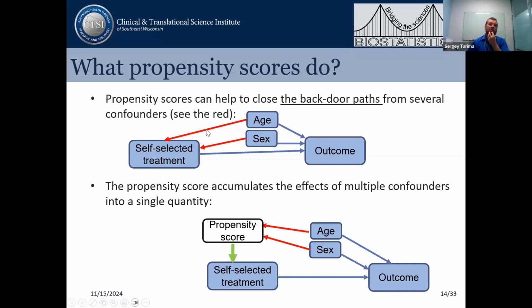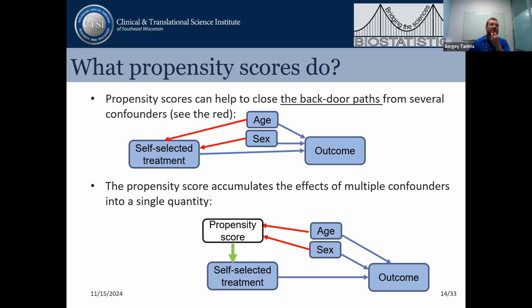So what do we do? We see age affects our self-selection process and sex affects our self-selection process. What we assume is that there is another component here, which can be called a propensity score, which is unobservable, but it exists, right?